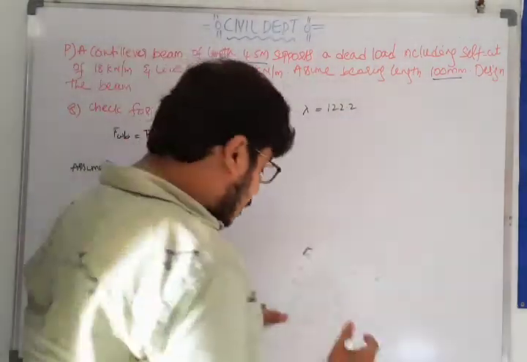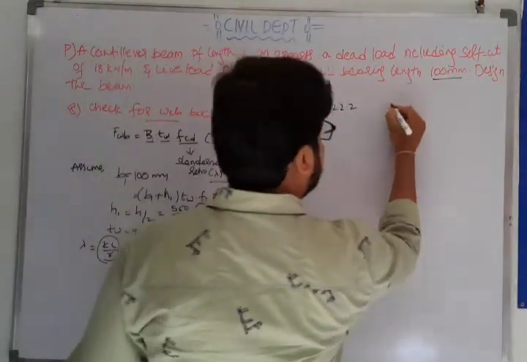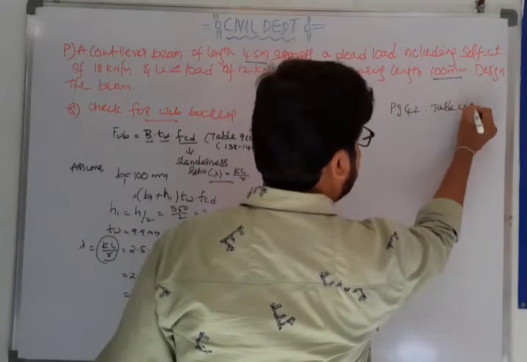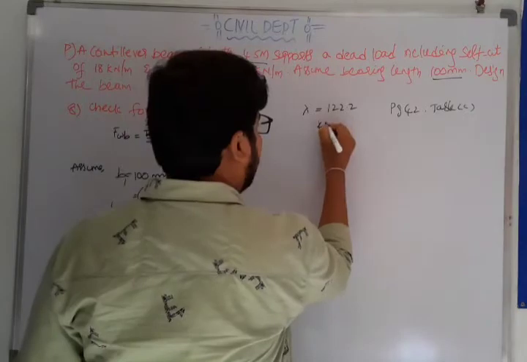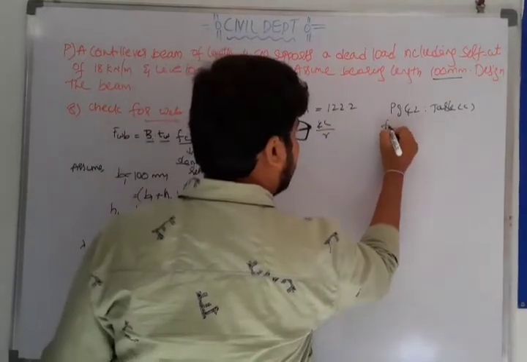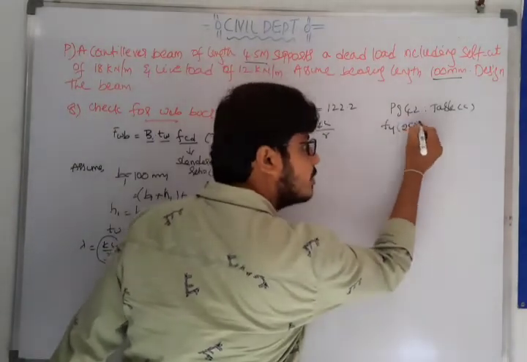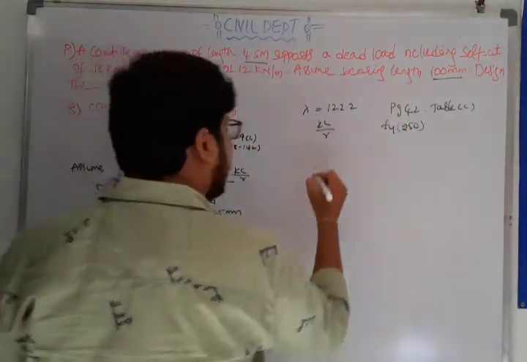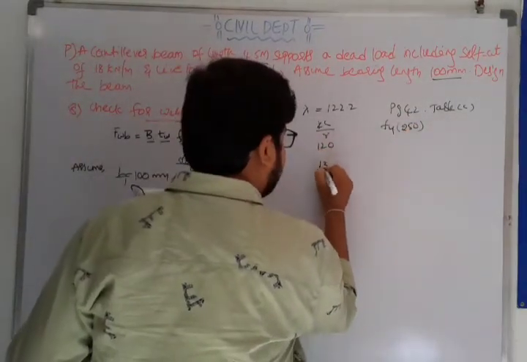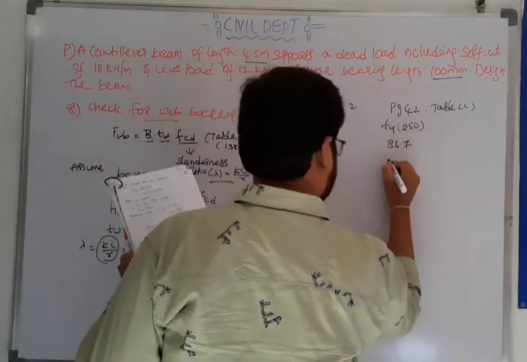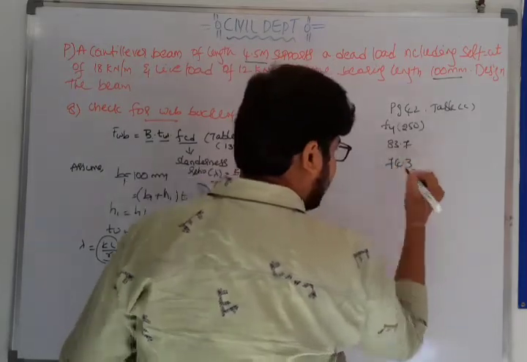From Table C, page number 142, for lambda KL by r and fy of 250, which is standard, the values for 120 and 130 are 83.7 and 74.3.